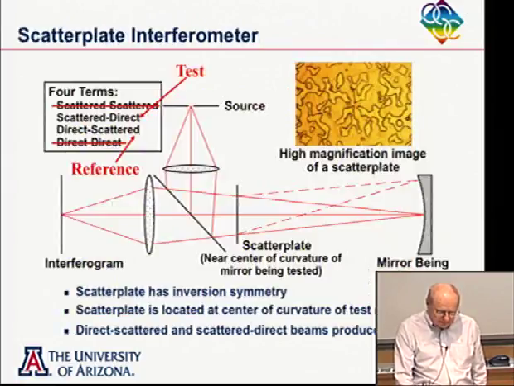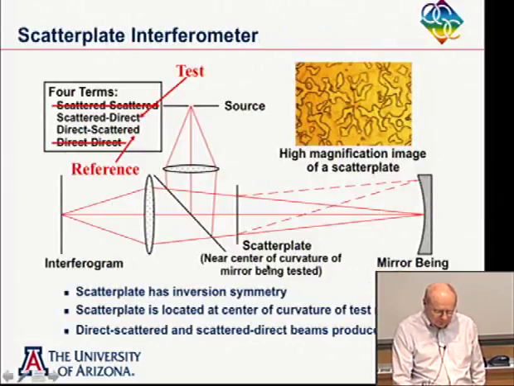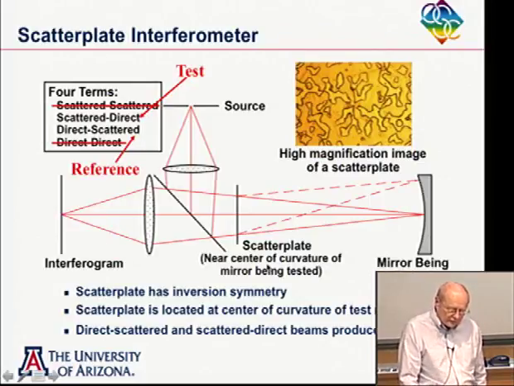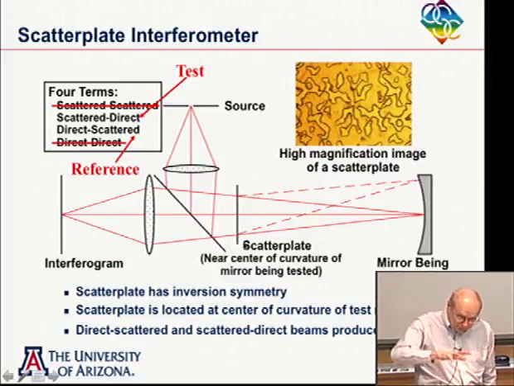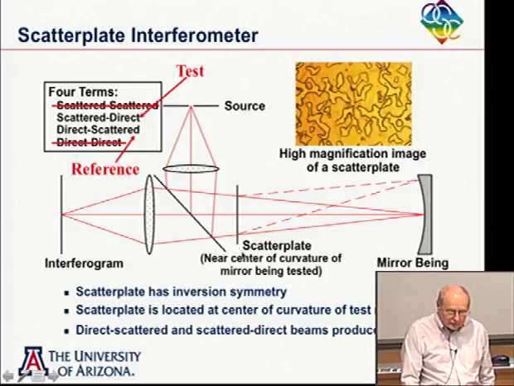Now, it turns out, and we'll see a slide of this in just a second, I want the scatter plate near the center of curvature here, so the mirror will image the scatter plate back on itself, but inverted. And it's going to turn out that if I move the scatter plate sideways, I will introduce tilt into the interference pattern.